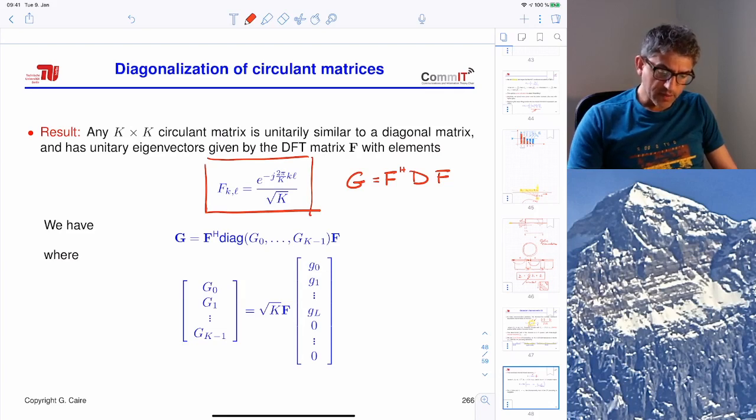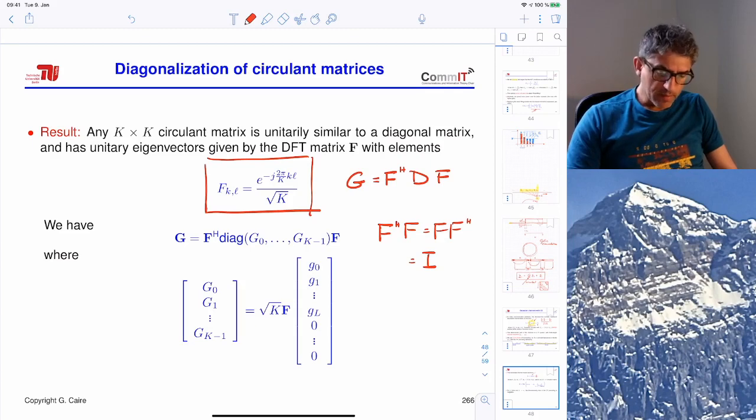You can check that matrix is constructed in this way. You have the property that F Hermitian F equals F F Hermitian equals identity. Those are matrices that are called unitary, okay?